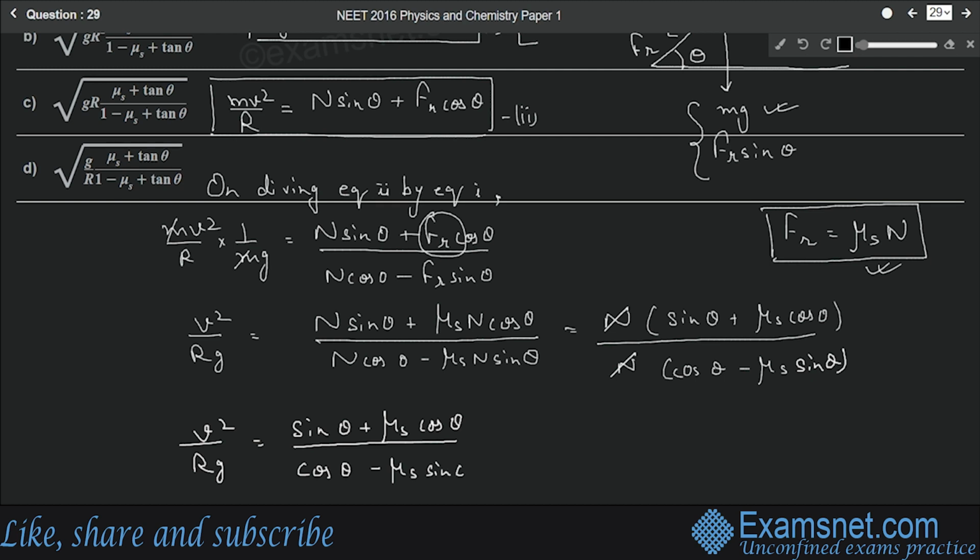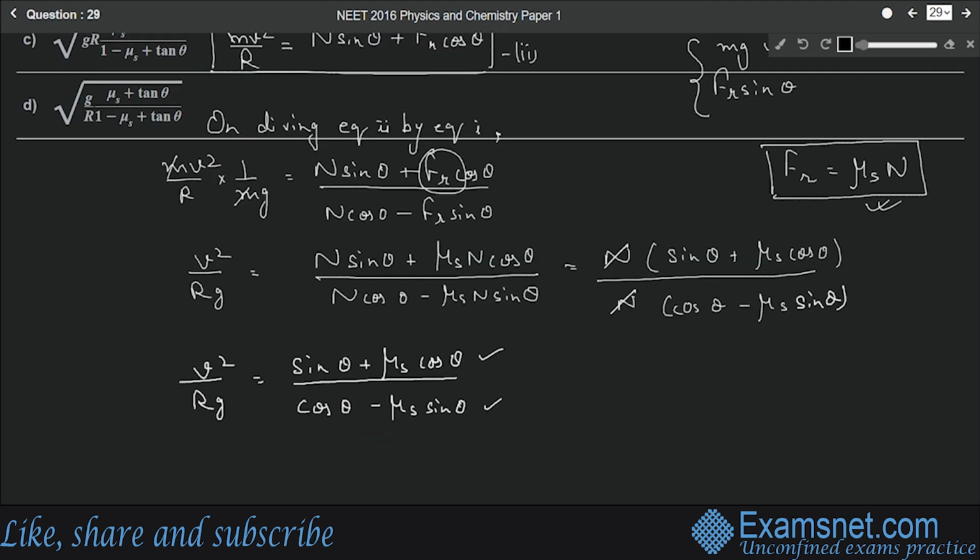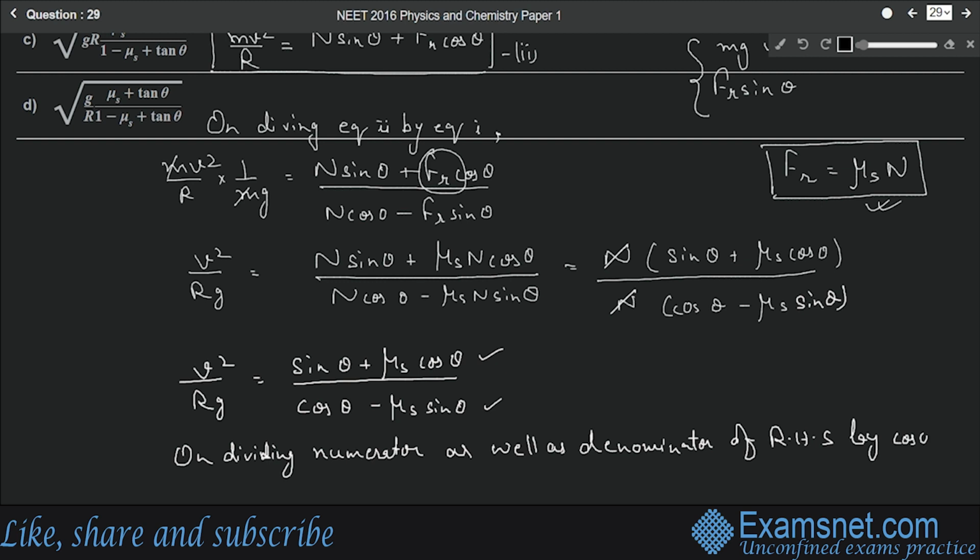Now if we divide the numerator as well as denominator of the right hand side only by cos theta, what do we get?